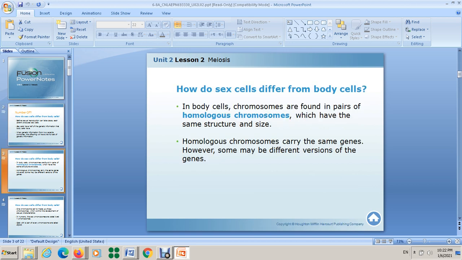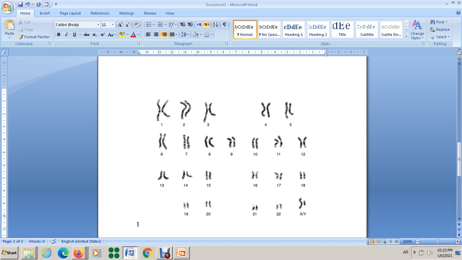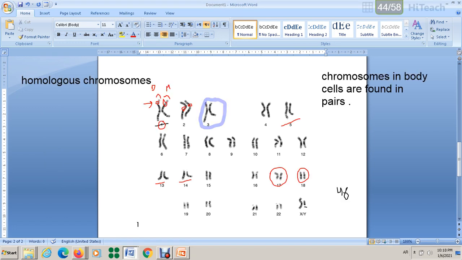The body cells' chromosomes are found in pairs of homologous chromosomes, which have the same structure and size. You have to know homologous chromosomes carry the same genes, however some may be different variations of the genes. What does that mean? I'm talking about one from your mom and the other from your dad, which means if this one is responsible for eye coloring, the one from your dad may be carrying the gene for brown eyes, and this one may be carrying, for example, green.